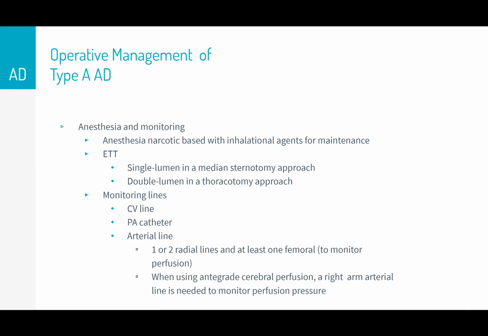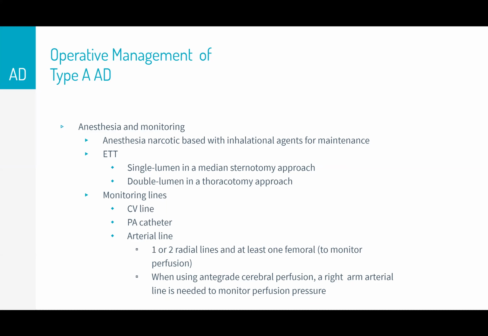For the anesthesia, usually it is general anesthesia using a narcotic-based technique and an inhalational agent for maintenance. Usually an endotracheal tube is used for intubation. A single lumen is mainly used for a median sternotomy approach, and a double lumen when you will go through a thoracotomy approach.